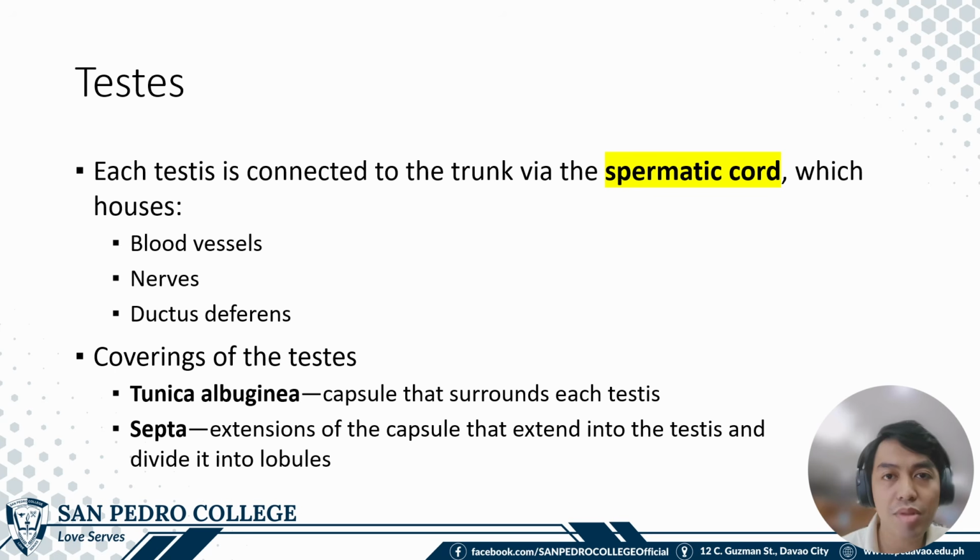And inside this spermatic cord, you have the following structures: the blood vessels, nerves, and ductus deferens or vas deferens. The testis is covered by the tunica albuginea and they are separated by the septa.